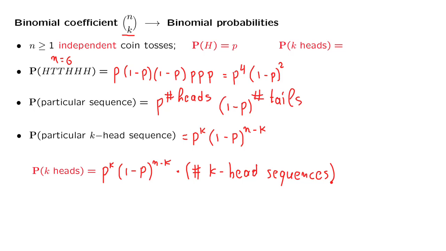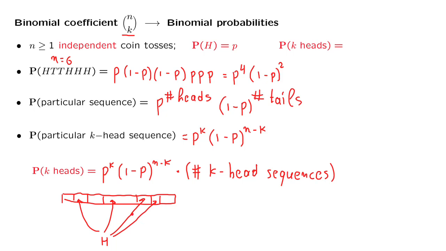So to make further progress now, we need to calculate the number of possible k-head sequences. How many are there? Well, specifying a k-head sequence is the same as the following. You think of having n time slots. These time slots correspond to the different tosses of your coin. And to specify a k-head sequence, you need to tell me which ones of these slots happen to contain a head.